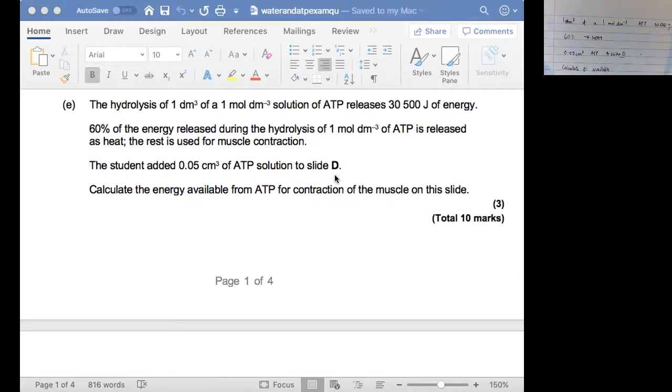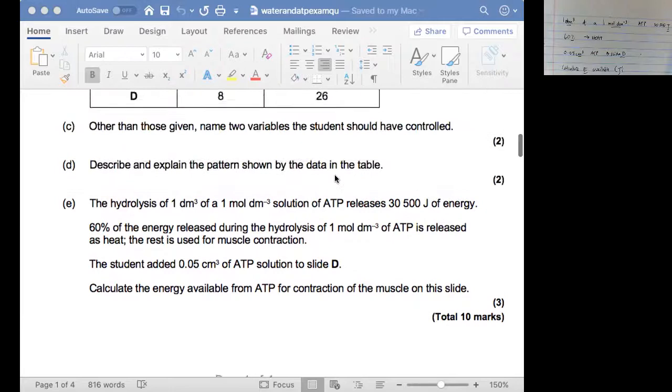We can see we've got quite a lot going on here. We've got some decimeters cubed, some joules, moles per decimeter cubed, percentages, and centimeters cubed. We're being asked to calculate energy, so we should end up with an answer in joules or kilojoules.